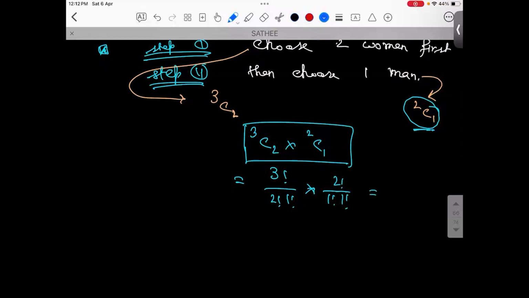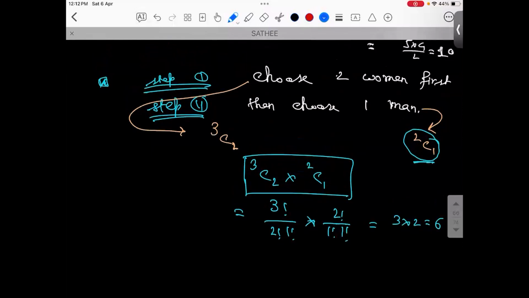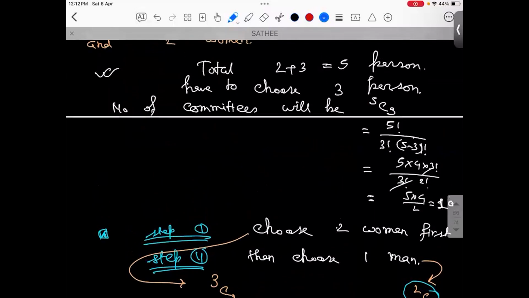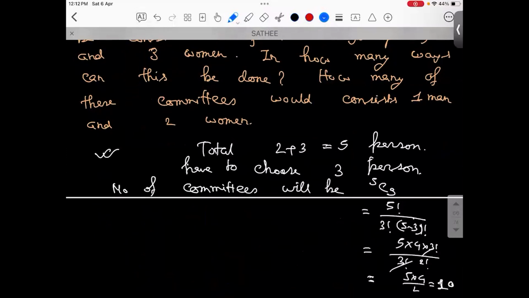So this will give us 3 into 2, which equals 6. So overall we can make 10 committees. Among them, 6 committees contain 1 man, 2 women.